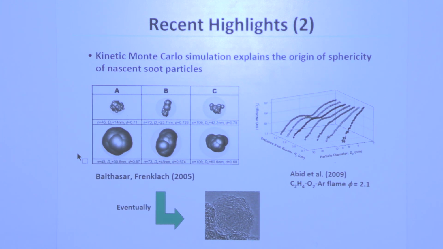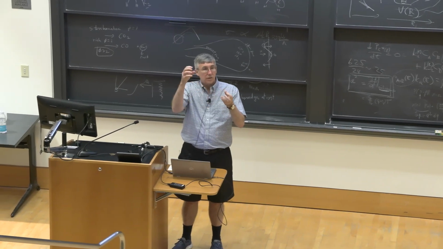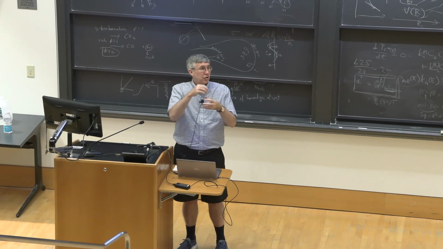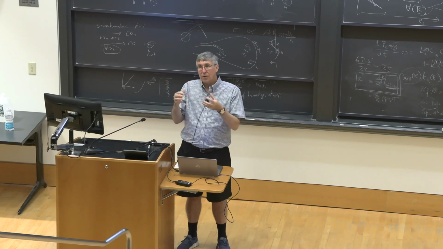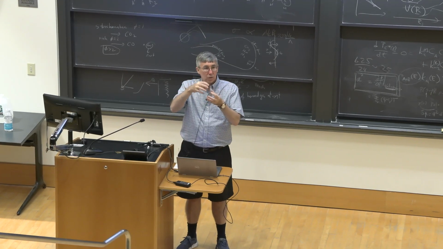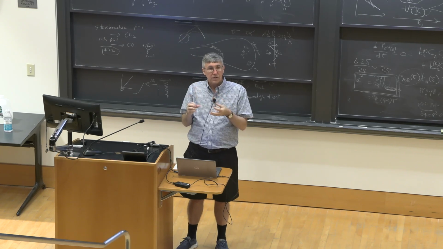There's also really good work from Markus Kraft, where you can do quite detailed simulations. And once you have a nucleus and it starts growing, you can model very well what the shape would be, why you get the different kinds of agglomerates, if you change things, how that's going to change. And this is super useful for companies like Cabot who are trying to make soot of particular morphologies, that they really have very good understanding of this.